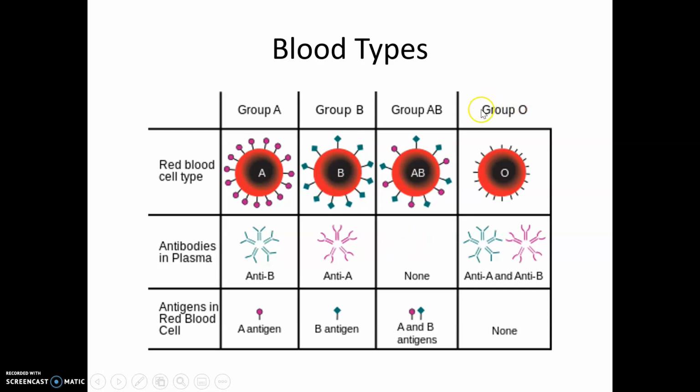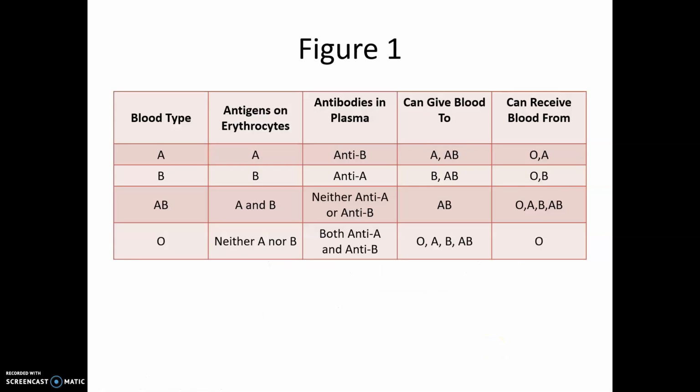Group O is not going to have any antigens on the surface, so it's okay if you have anti-A and anti-B, because you're not going to attack yourself, right? Because you don't have any antigens on the outside of your red blood cell, okay? Hopefully that was helpful. You guys will be doing an activity today, which hopefully will smooth things out for you.